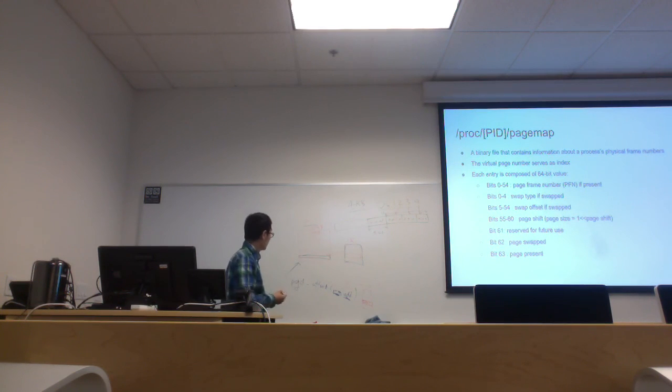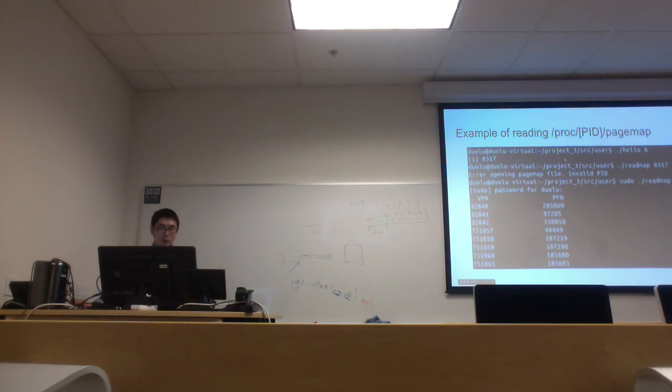For example, the first entry comes from address 0 to address 4K. The next entry goes from 4K to 8K. Usually these parts are not mapped at all, but you can still obtain the page table entries, just with present 0 and swapped 0, which means it's not mapped at all. Here I only read out the entries that are mapped. For example, this virtual page number maps to this physical page number.